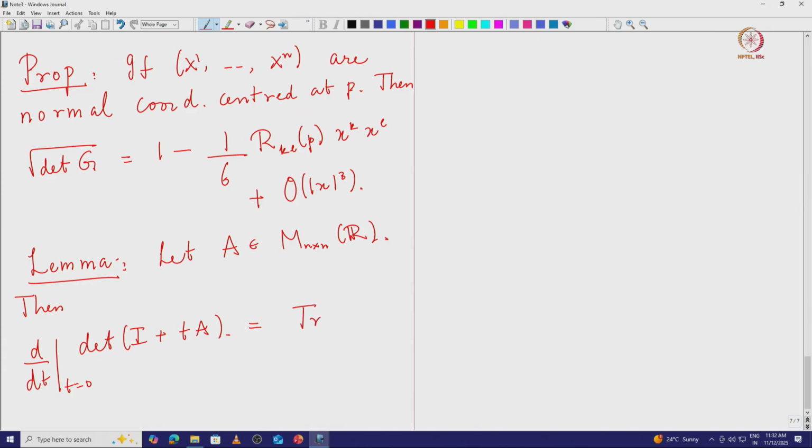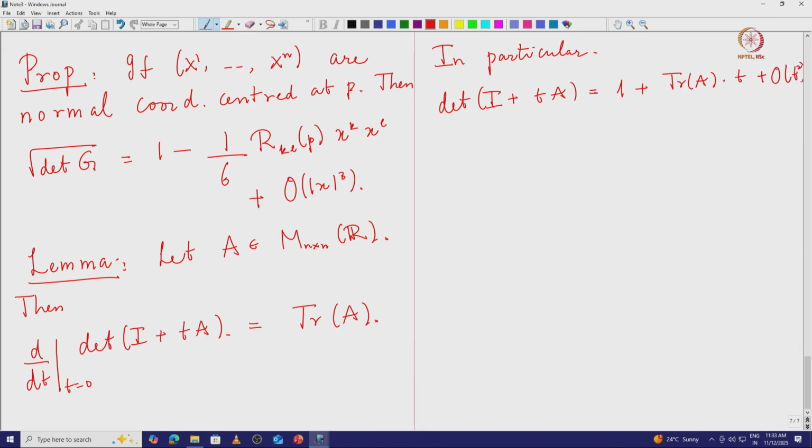This is precisely given by the trace of A. So in particular, you have the following Taylor expansion: this is given by 1 plus the trace of A times t plus something that is order t squared.